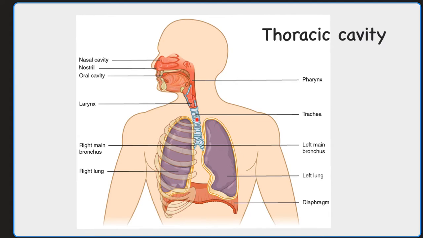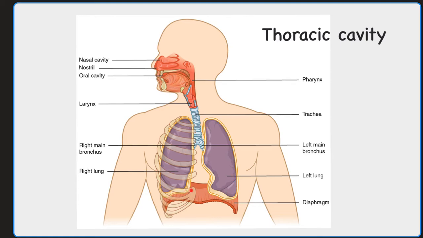Now, the trachea comes down into the thoracic cavity and branches out into the right and left main bronchus. They enter into the lungs. As they divide out, you can't see that here, but they get smaller and smaller and divide out into different types of bronchioles. And they are within each of the lungs. So there's two lungs, one on each side, right and left.